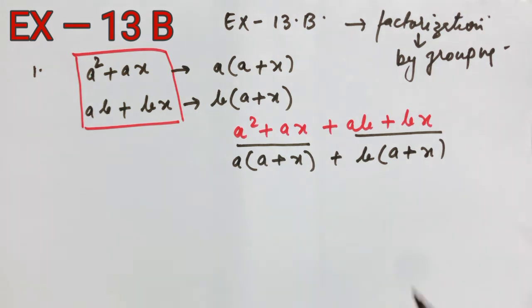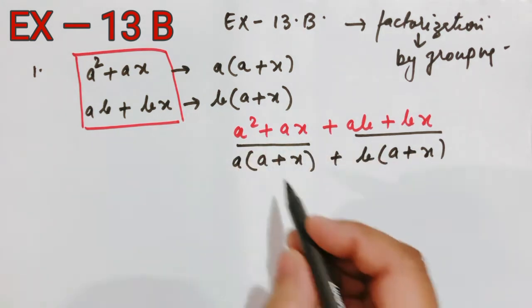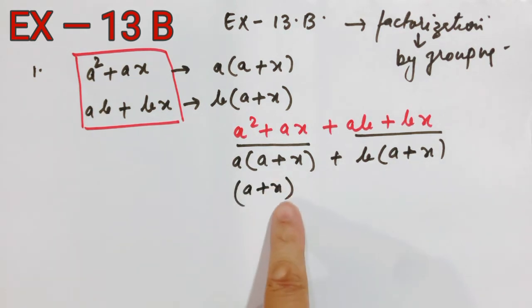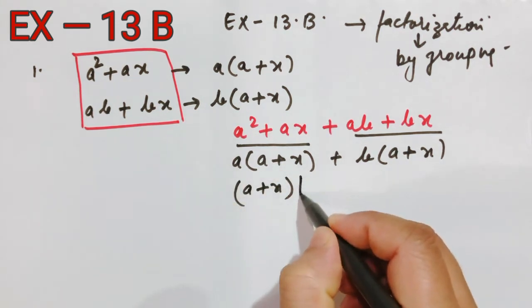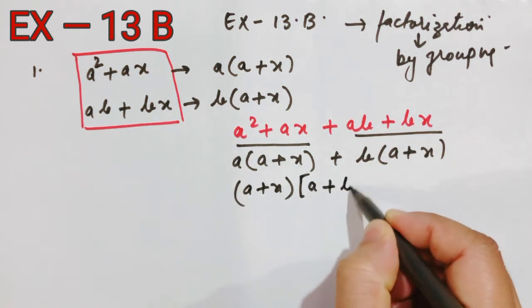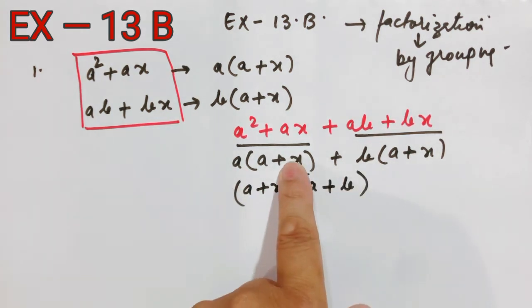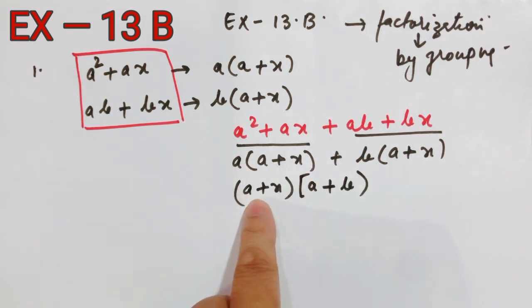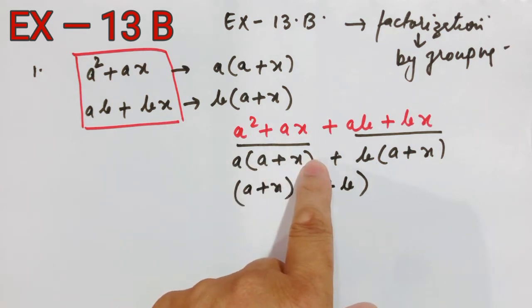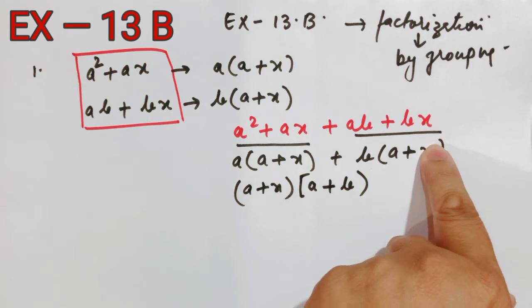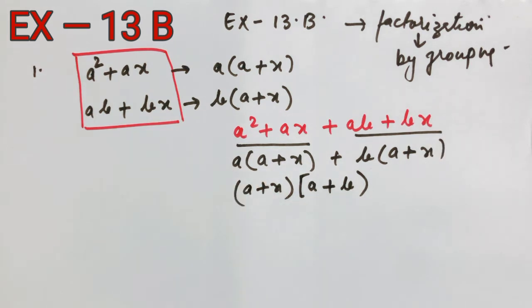I found that in both groups a plus x is common, so I extracted a plus x. Now you are left with a here and b here. When you take out the HCF, you divide each term by it: a plus x divided by a plus x gives a, and similarly the other divided by a plus x gives b.